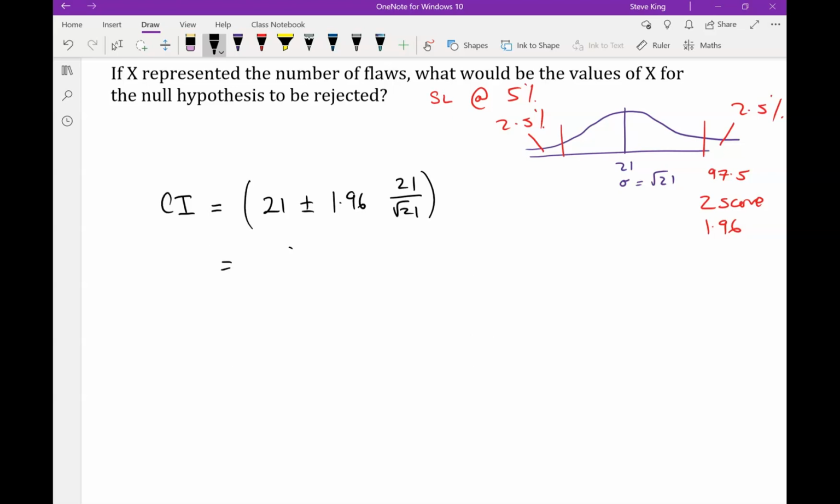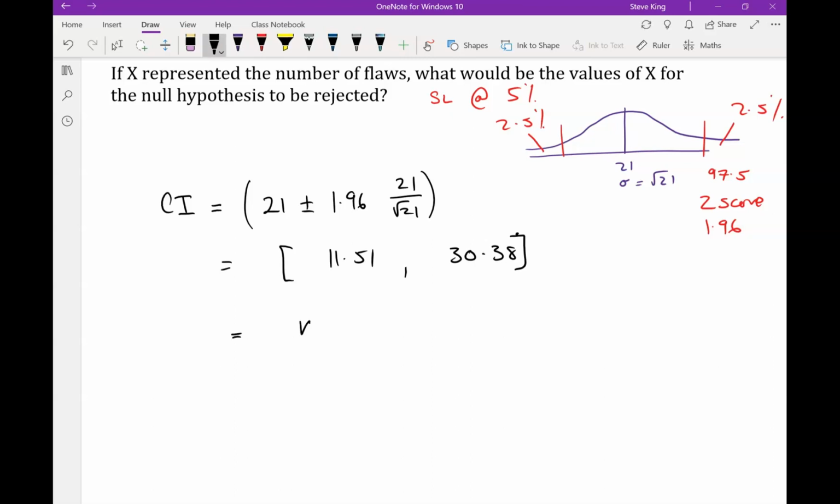And if we put that into our calculator, the lower bound is going to be at 11.51, and our upper bound is going to be at 30.38. But now remember, we're dealing with number of flaws, we're dealing with discrete values.